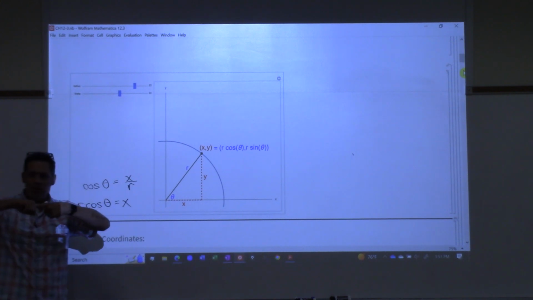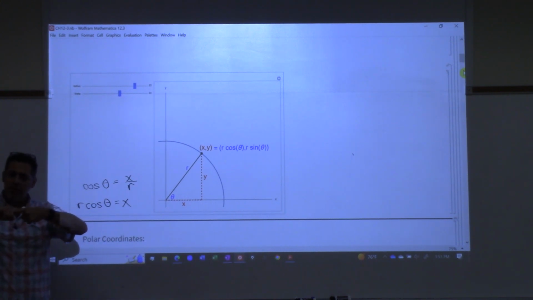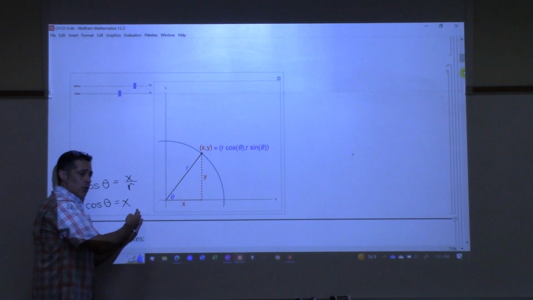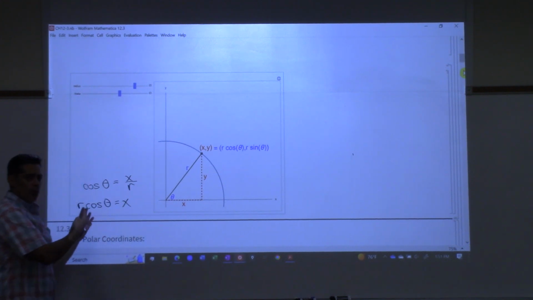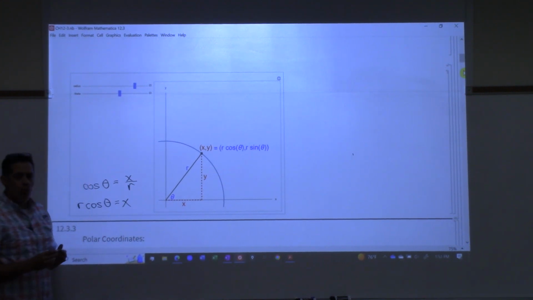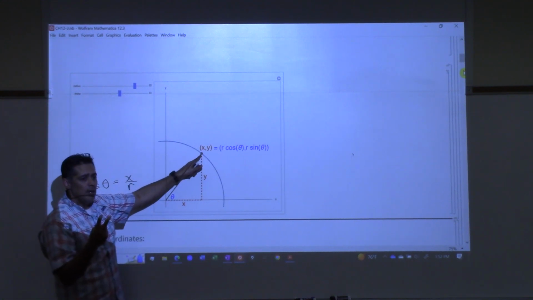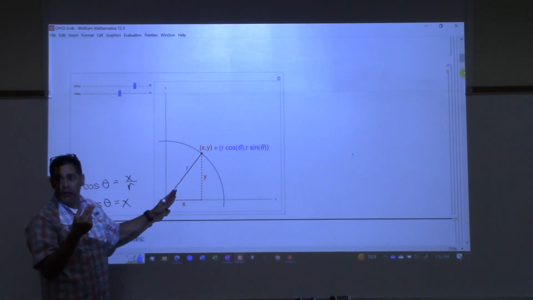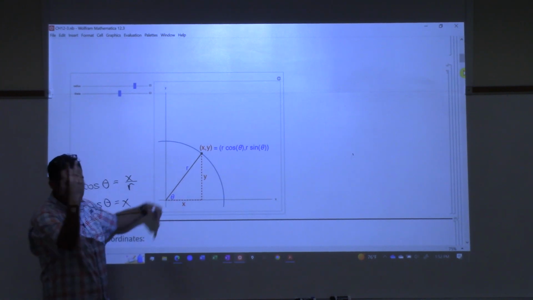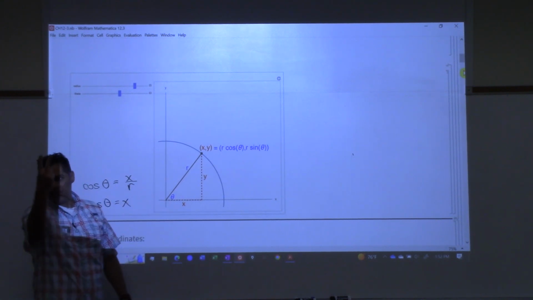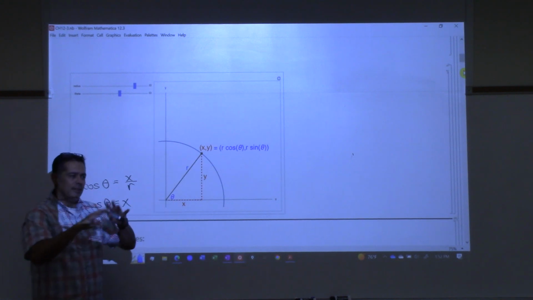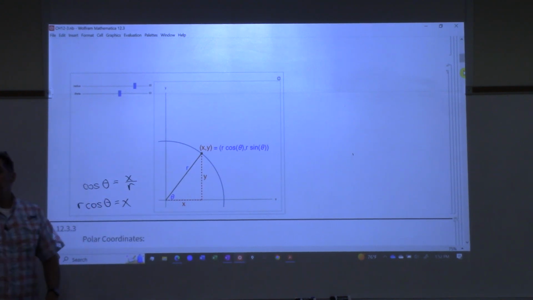So this creates a relationship between the Cartesian coordinate system and the polar coordinate system. The polar coordinate system requires two pieces of information: to get to a point, you need the angle and the radius, or the distance to walk. Still two things. In Cartesian you need two things, x and y. You can never make it just one thing.